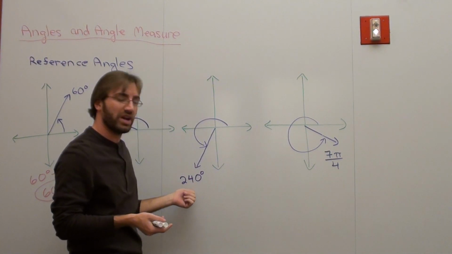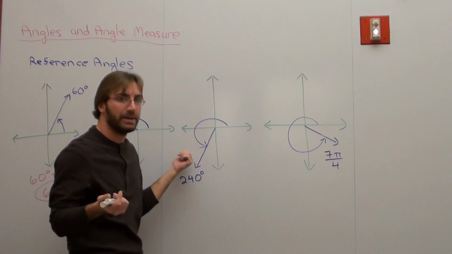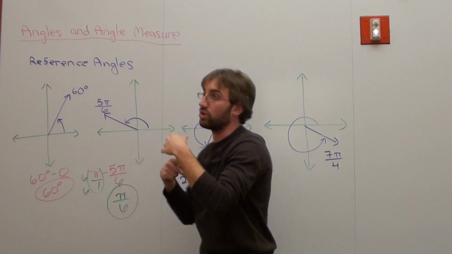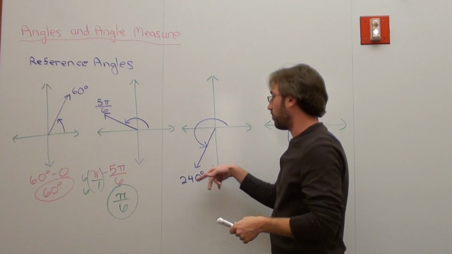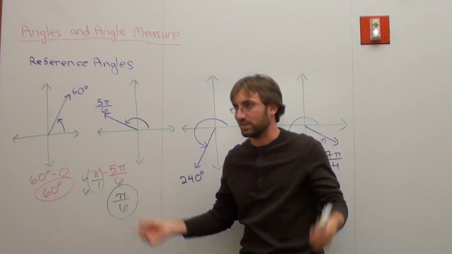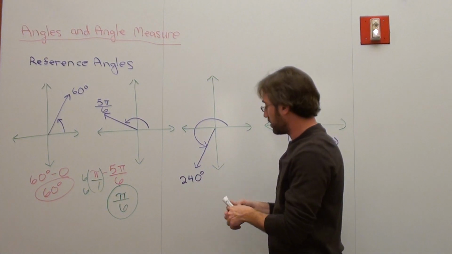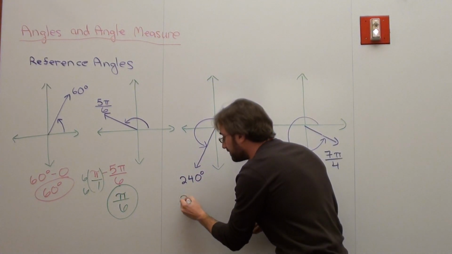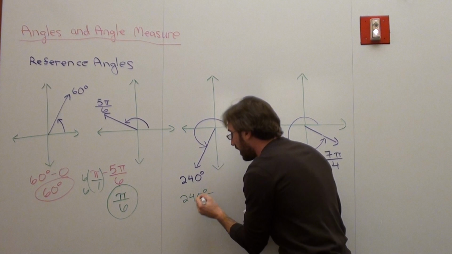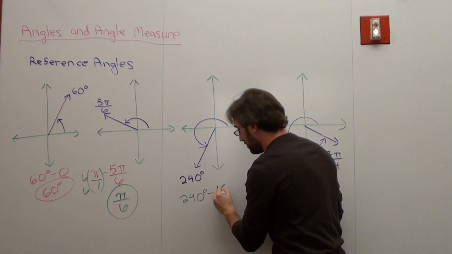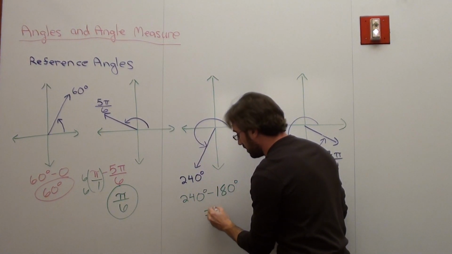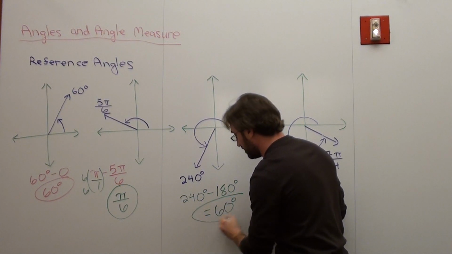If it's a radian, it's this subtracted by pi. By the way, reference angles are always positive. So even if you take one over the other, just make it positive. That's pretty much it. So in this case, you just take the degree, which is 240, and you subtract 180. And you get 60 degrees.